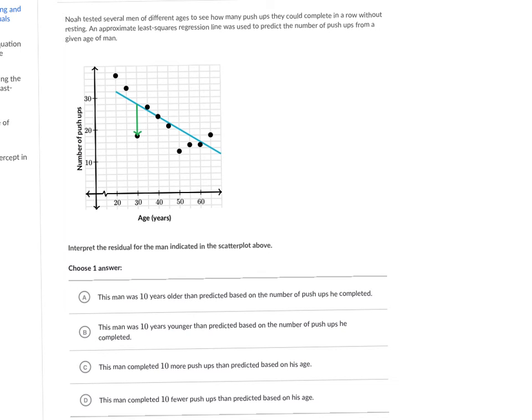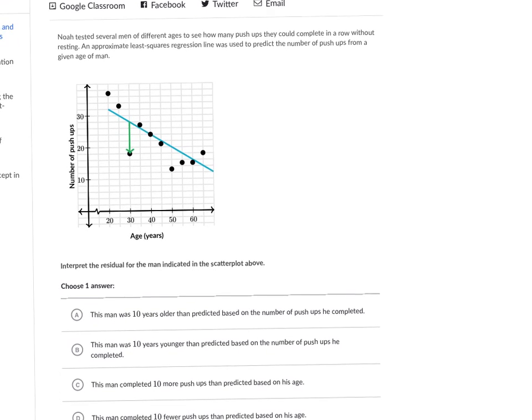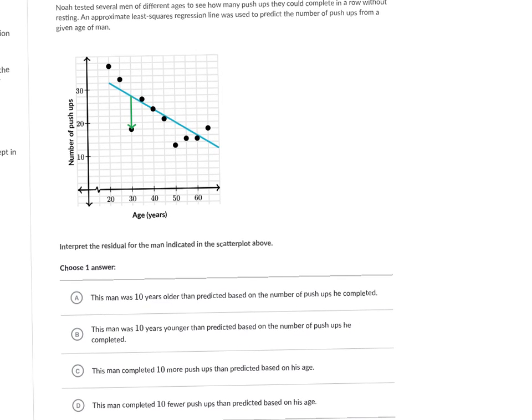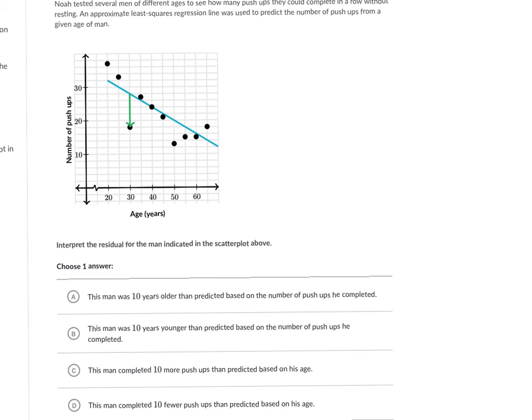So let's look at this example here. It says that Noah tested several men of different ages to see how many push-ups they could complete in a row without resting. An approximate least squares regression line was used to predict the number of push-ups from a given age of men. So you have your explanatory variable, which is age, and your response, which is the number of push-ups. I want to interpret the residual for the man indicated in the scatter plot above.